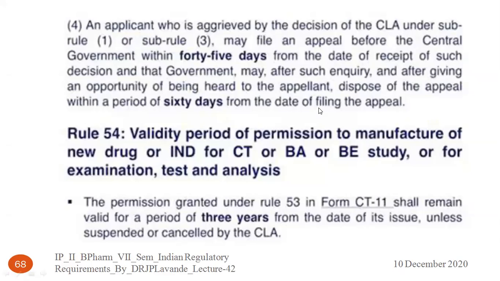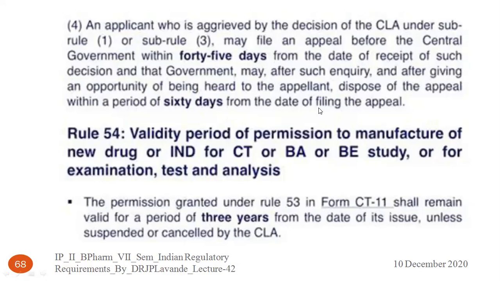Okay. Rule 54 says the validity period of permission to manufacture a new drug or an investigational new drug for clinical trial or BA/BE study or for examination, test and analysis. So what is the validity period?